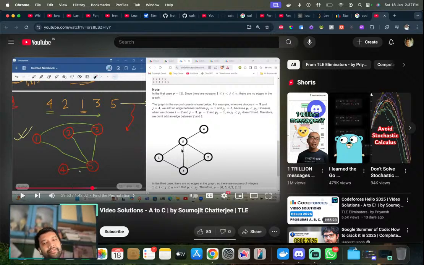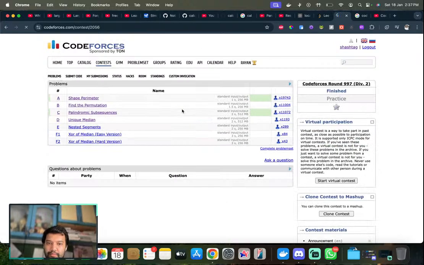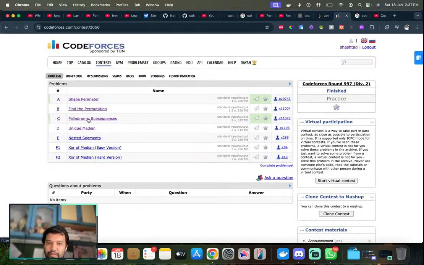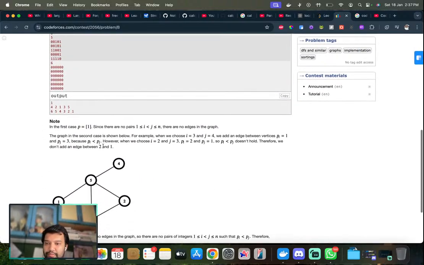Topological sort on the upper portion of the graph, I think. I was thinking we'll have to do toposort somewhere, but I'm not very sure.